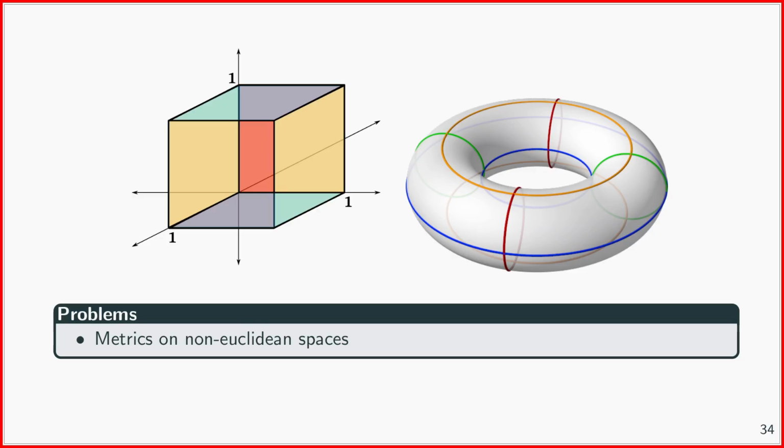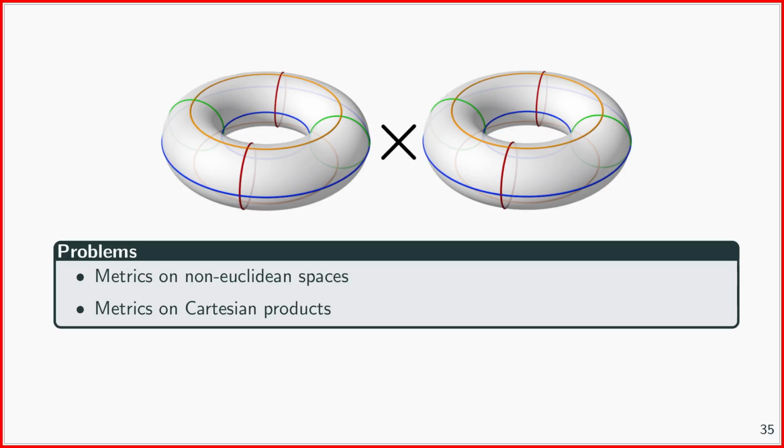But if you have weird configuration spaces like the torus here, then you have to really think a bit deeper about what kind of metrics, what kind of distances you actually apply on this space. And the second problem is, what do you do if you actually combine different spaces? If you have bigger configuration spaces, how do you actually define a metric or a distance function on those spaces?